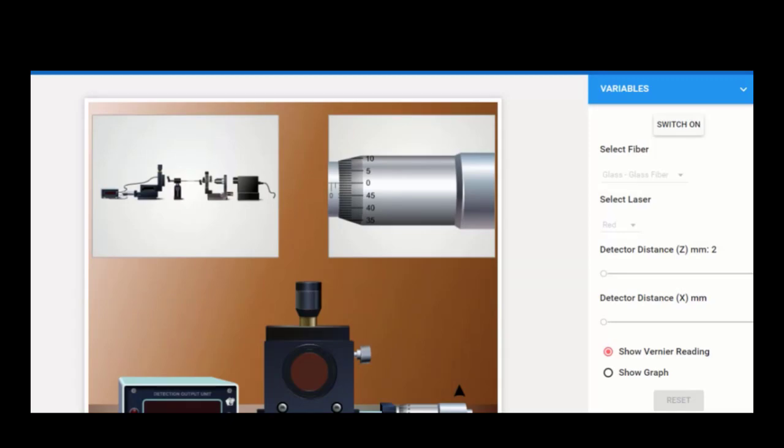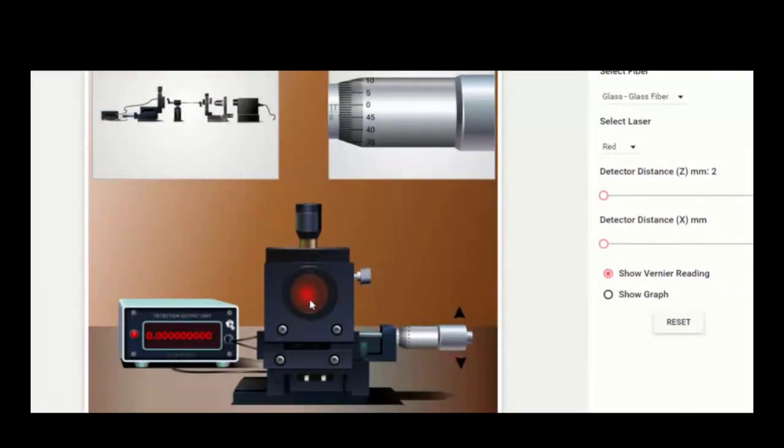We get this light passing through the optical fiber, and it is reaching the detector. When you click on the switch on button, you get light in the detector also, having passed through the optical fiber. We can see from the output unit that it is giving 0.0.